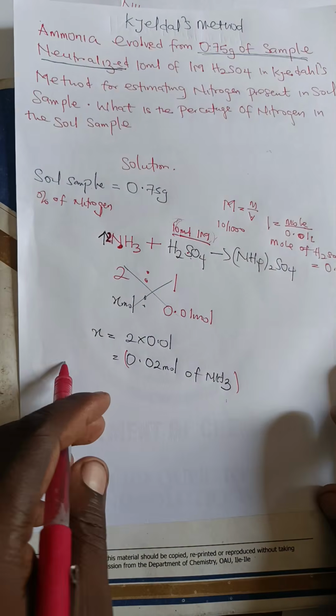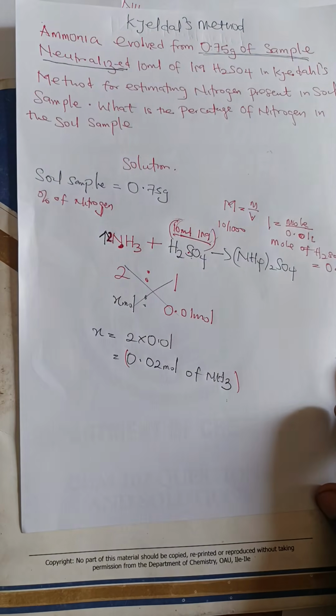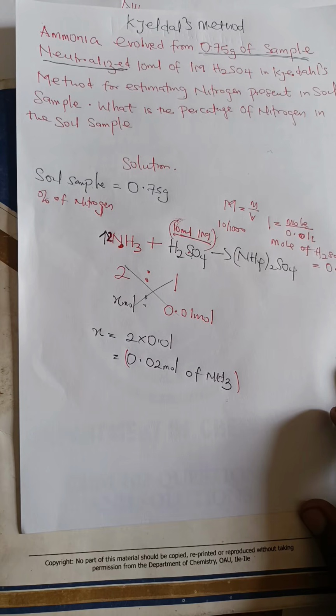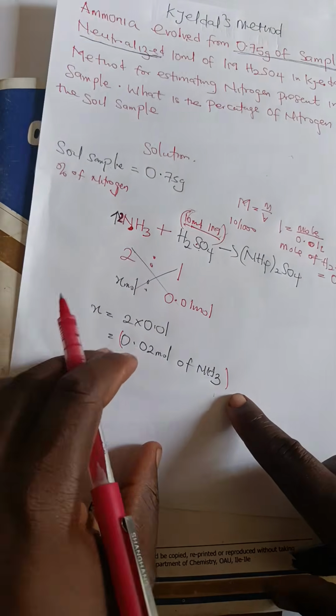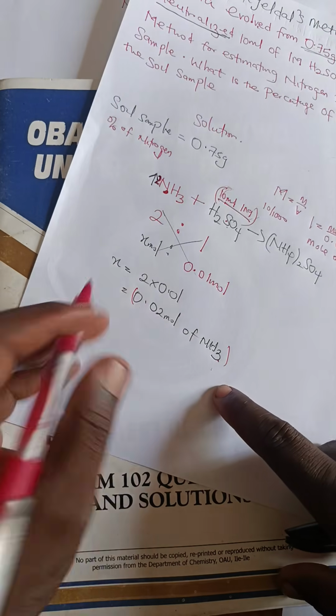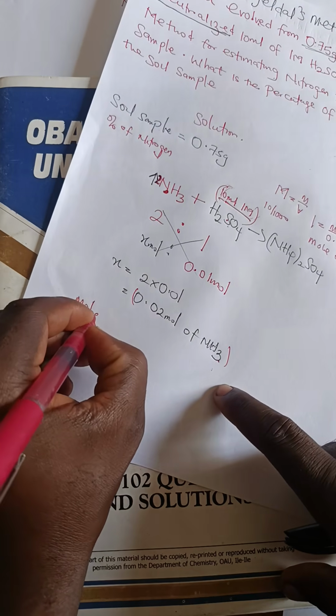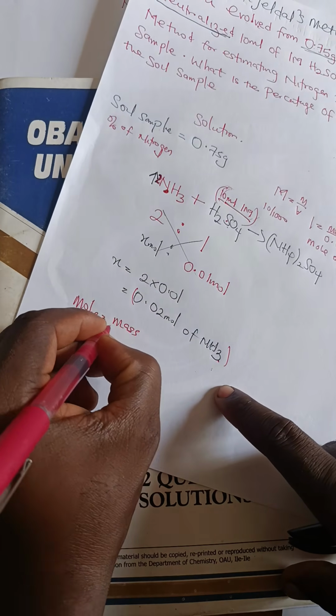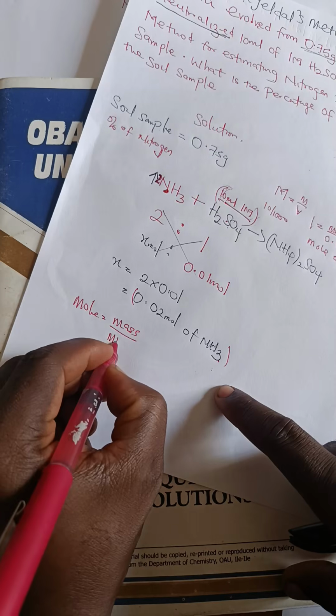Now, why this question is very easy is because the value given to me here is not in excess. That was the exact value. So from here, what do we do? Very simple. I can convert this mole of ammonia to mass of ammonia. You know that mole equals mass over molar mass.